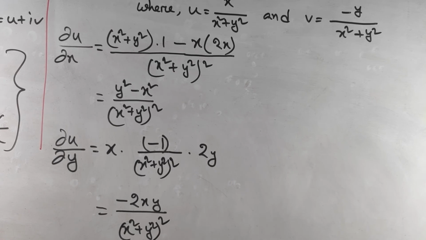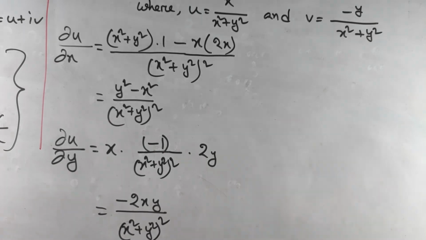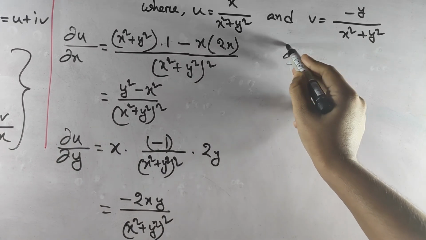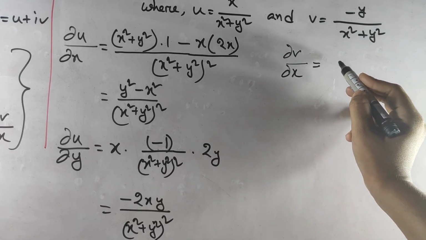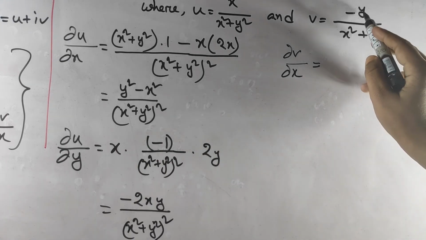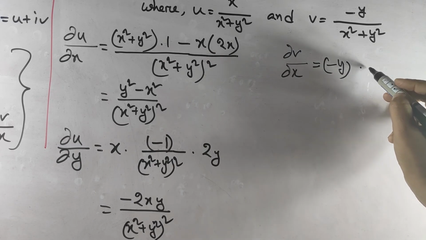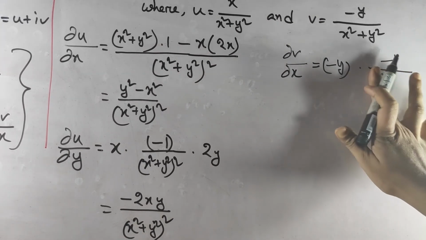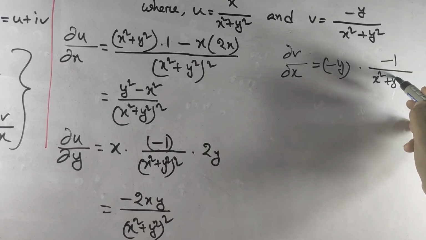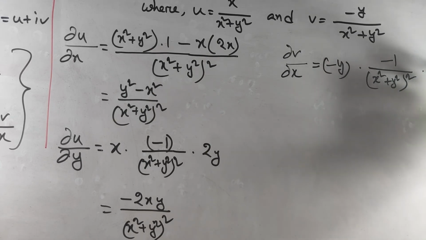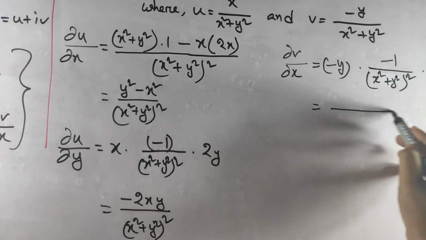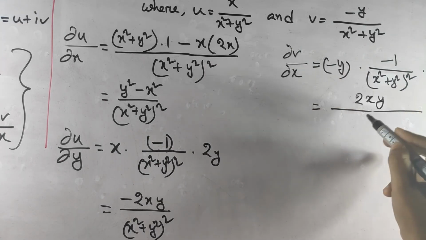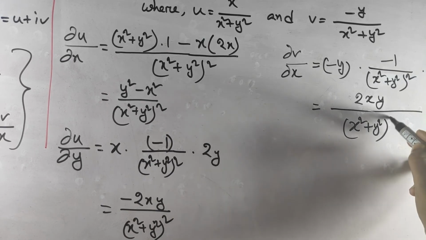Now we will partially differentiate v with respect to x. So del v by del x is equal to, with respect to x, minus y is constant, minus y times minus 1 over (x square plus y square) whole square times 2x, which is 2xy divided by (x square plus y square) whole square.